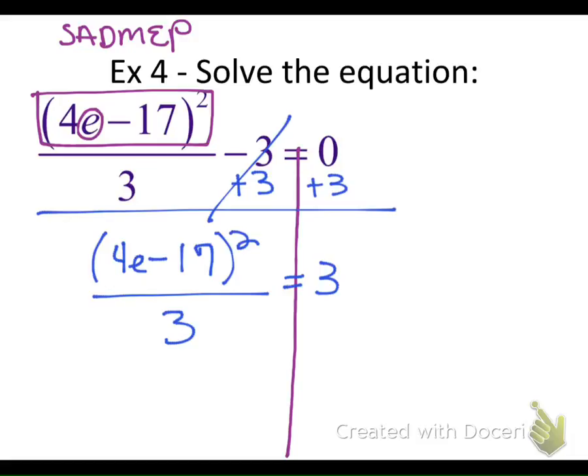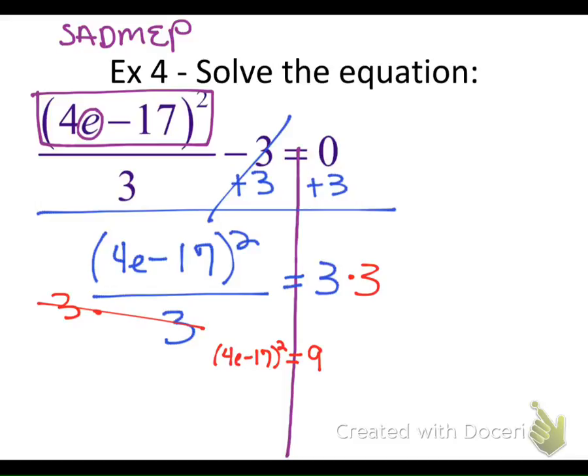The bottom. And I do that by multiplying both sides by 3. So on my left side, I'm going to run out of room. I need to quit writing so big. So I'm going to write 4e minus 17 squared equals, what's 3 times 3? 9. Now, what do I do?